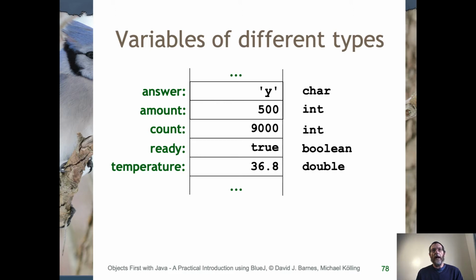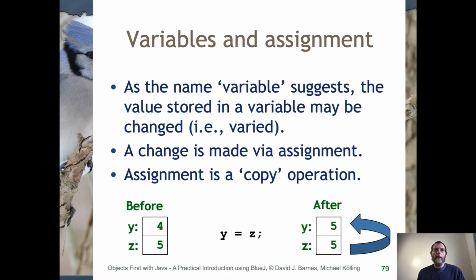Each variable will have a data type, and then that allows us to, for instance, interpret the value stored in the memory location called answer as being a character, in this case the single character y, or perhaps the value stored in the memory location called ready, as it has a Boolean type, might contain the value true, and so on.